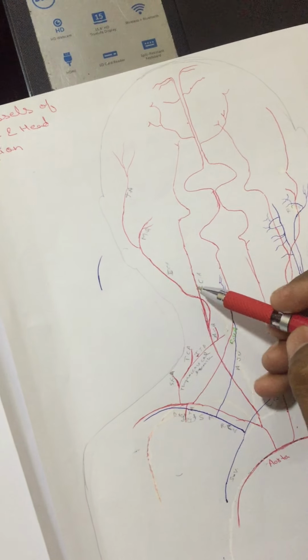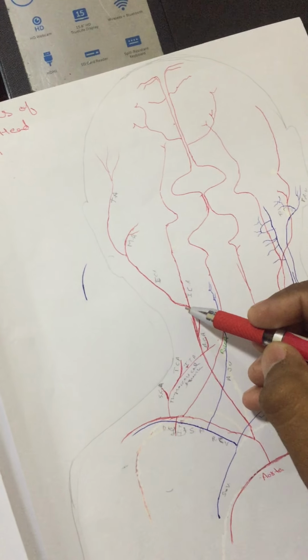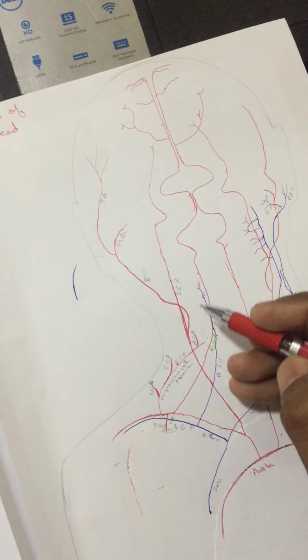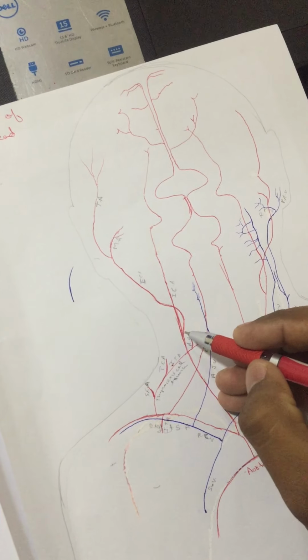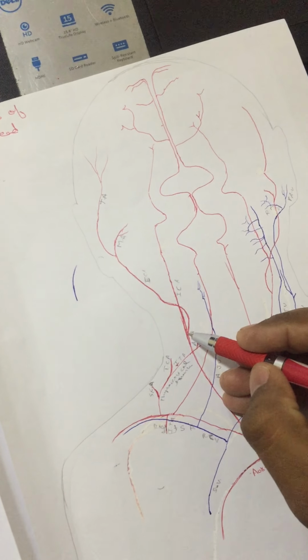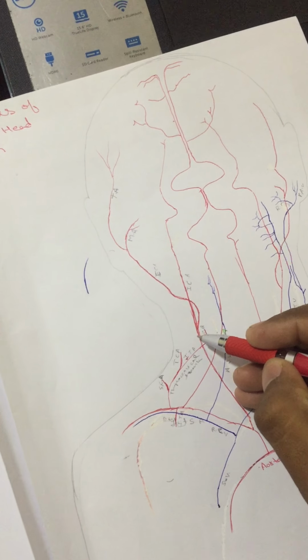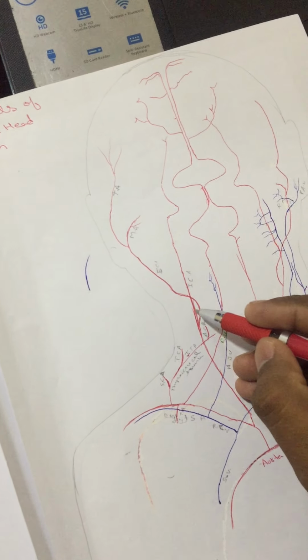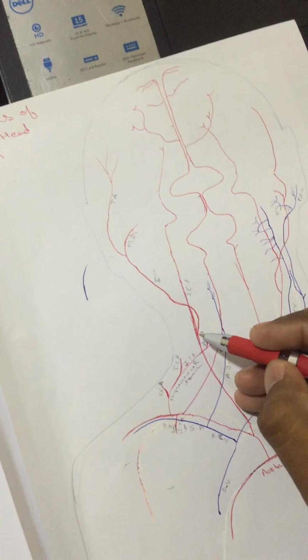Number one is the internal carotid artery, number two is the external carotid artery. The common carotid artery in this region is slightly dilated, ma'am, so this area is also known as the carotid sinus.